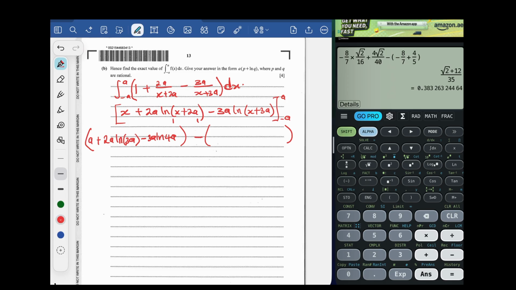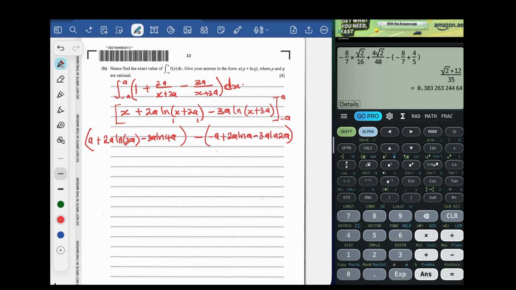Then for the other one, this becomes minus a plus 2a ln, so we're putting minus a, so ln a, minus 3a ln 2a. I'll just check, always check to make sure. So a plus 2a ln 3a minus 3a ln 4a minus, and minus here, 2a ln a minus 3a.